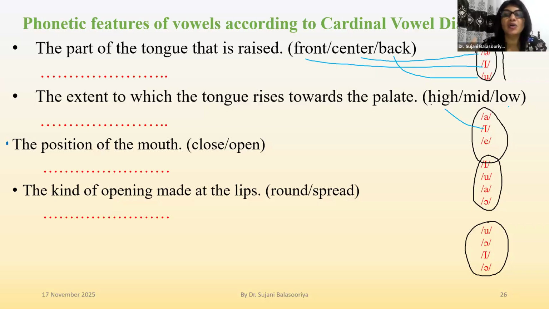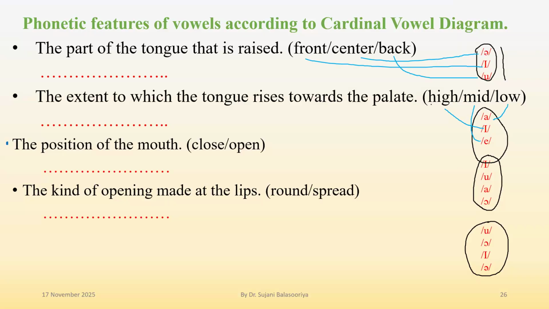Is it A or A? A. Low. Then mid vowel? E. First one is the low vowel. Yes, right? Low vowel is A. When you say A, the tongue lies at a very low position inside the mouth. And mid vowel is A, in between high and low positions.